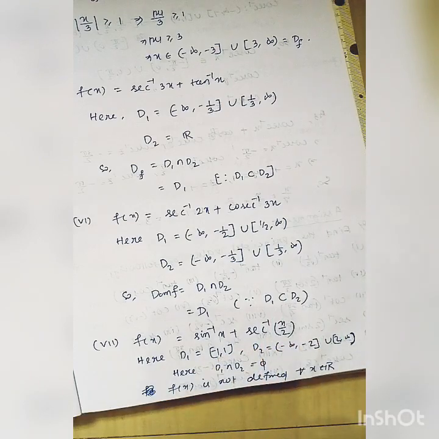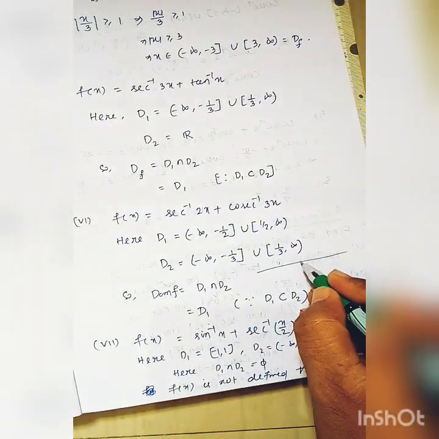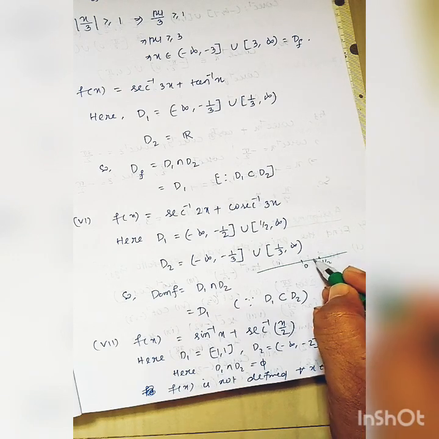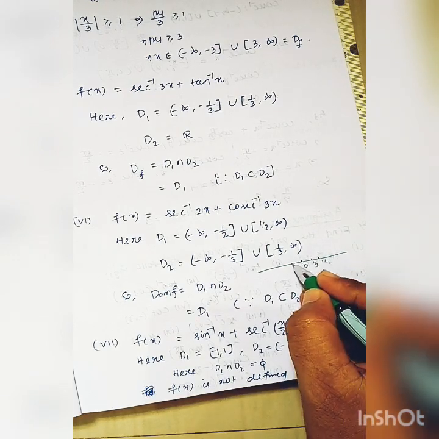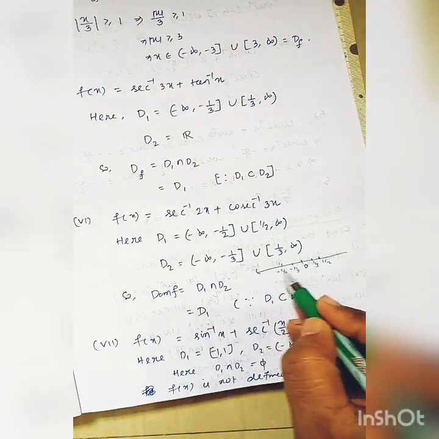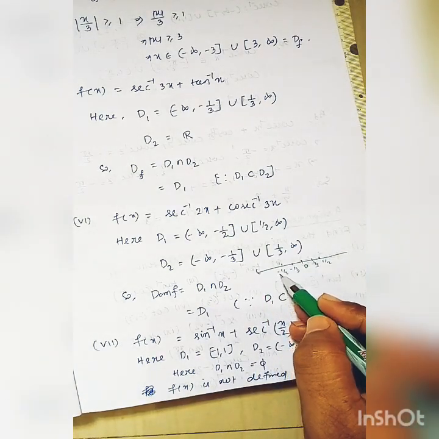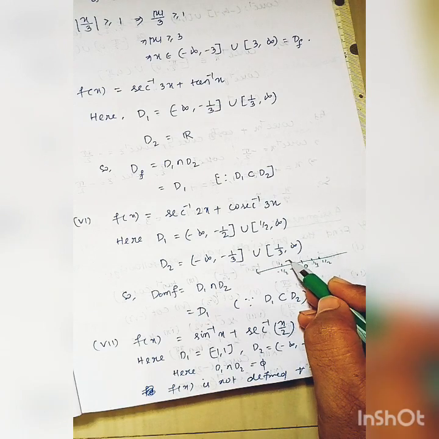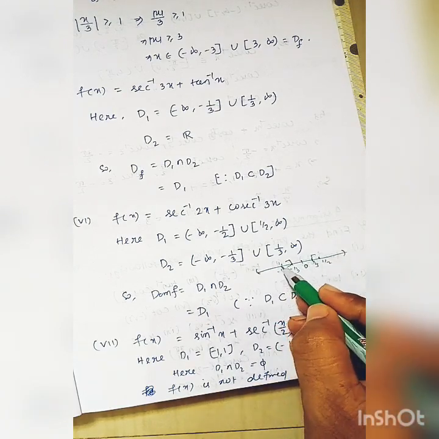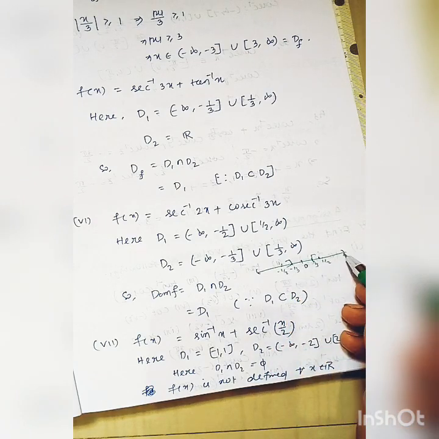As you know, on the number line we have 0, 1 by 2, 1 by 3, and again minus 1 by 3, minus 1 by 2. So one set is minus infinity to minus 1 by 3, and 1 by 3 to infinity. Another is minus infinity to minus 1 by 2, and 1 by 2 to infinity.